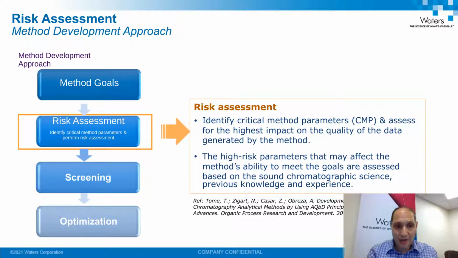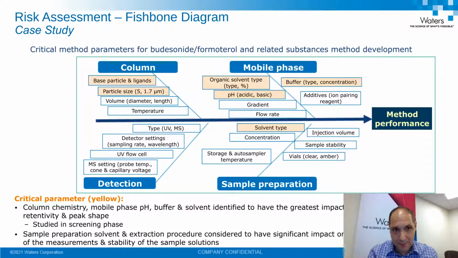The high-risk parameters that may affect the method's ability to meet the goals are assessed based on sound chromatographic science, literature review, previous knowledge, and experience. Risk assessment is often done by using a fishbone diagram to visually show which method parameters have the most impact on the method performance.